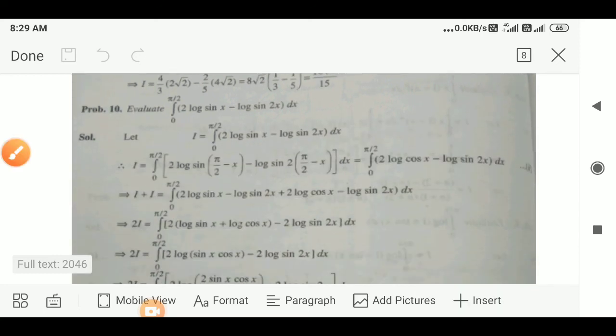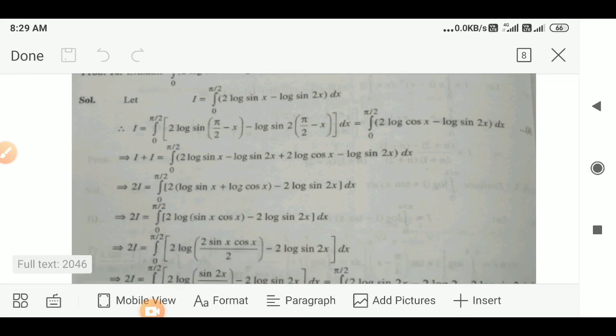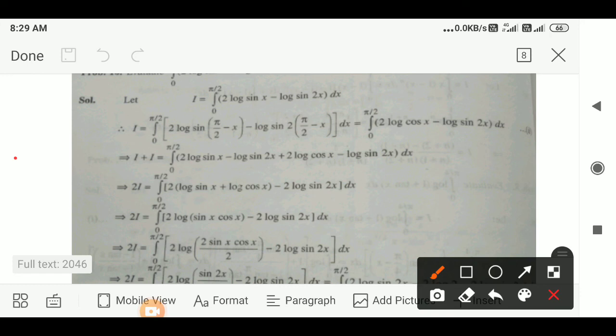There is another type of question, question number 10. The integral from 0 to pi by 2 of log sin x minus log sin 2x dx. Consider it as I. Now using the similar property, the integral from 0 to a of f(x) dx is equal to the integral from 0 to a of f(a minus x) dx, where a is pi by 2, so we get log sin of (pi by 2 minus x) minus log sin 2 times (pi by 2 minus x).